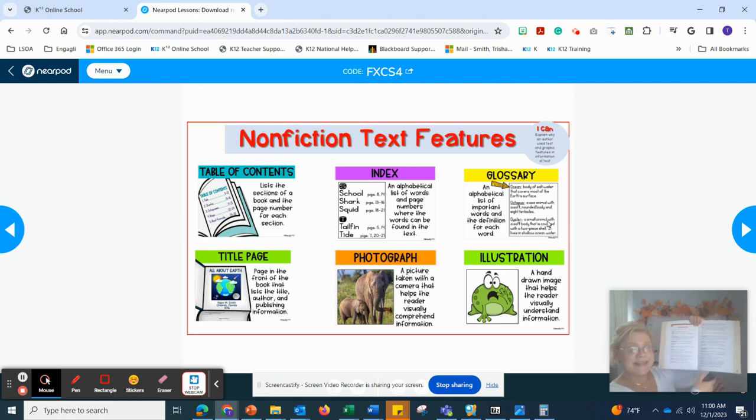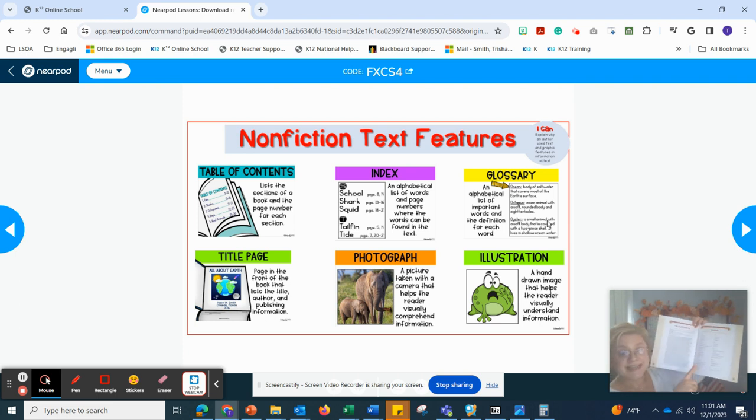The one thing that's the same with the glossary and the index is they're both in alphabetical order. The one thing that's different between the glossary and the index is the glossary gives the definition of those keywords.